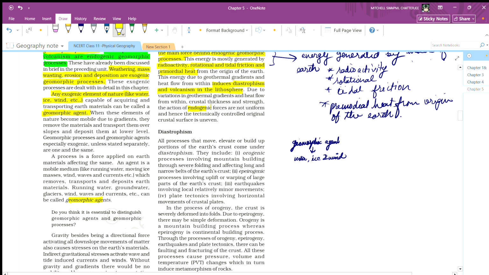Due to the action of endogenic forces not being uniform.